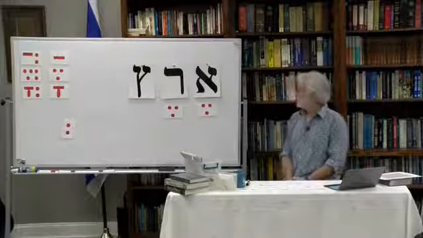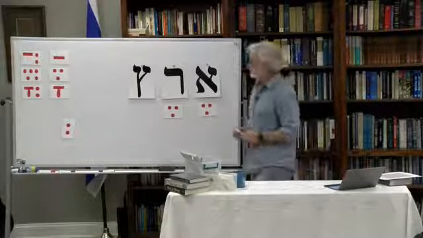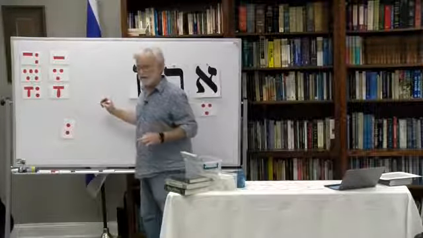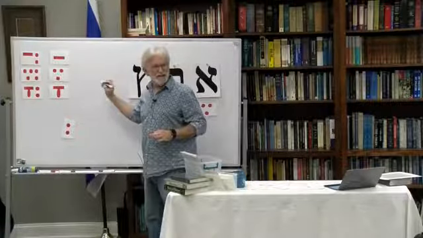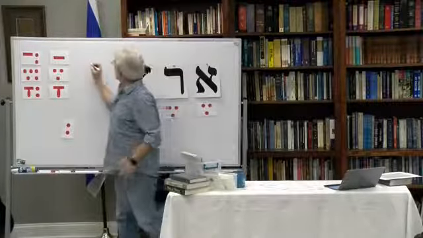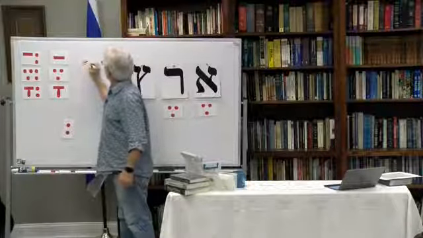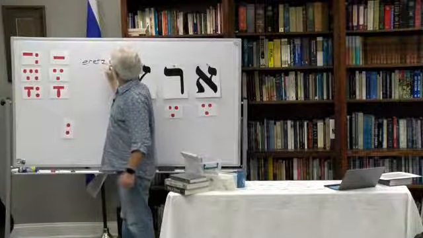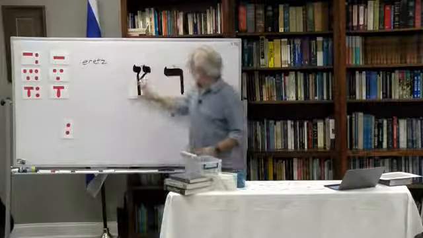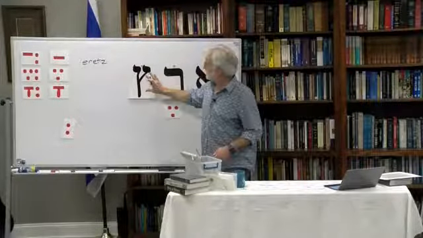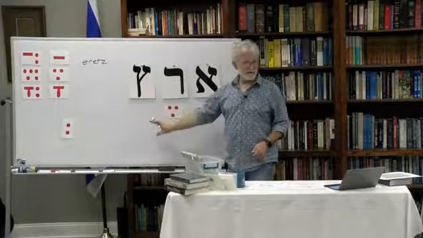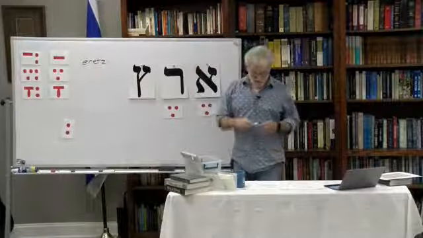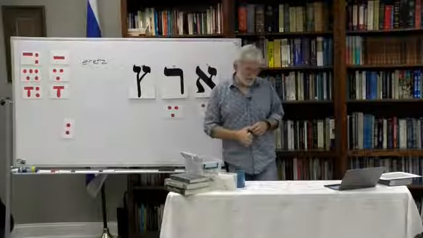Now, just an interesting point: in Hebrew, if I were going to transliterate this, give English spelling to what I see here, it's generally represented as E-R-E-T-Z, or sometimes S. This is a ts. So you have eretz, eretz. This is generally transliterated in English as eretz, okay?